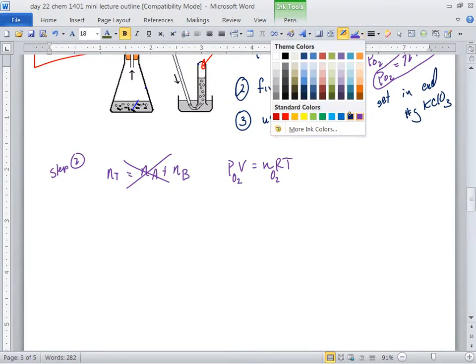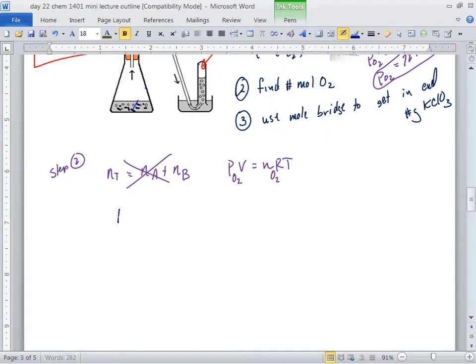So we'll have pressure due to oxygen, we said was 724.2 millimeters of mercury. Number of moles of oxygen, that's what we're trying to find. Volume, R, and T. Okay, so let's get that pressure due to oxygen.